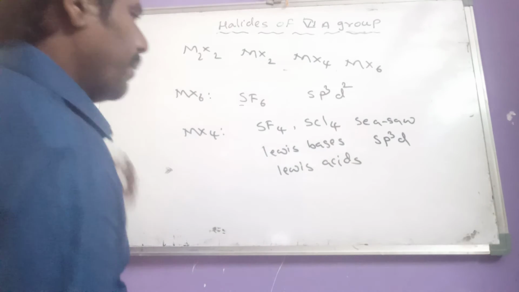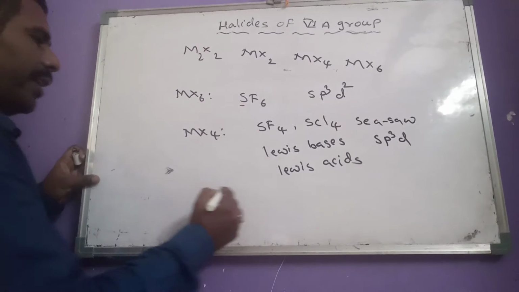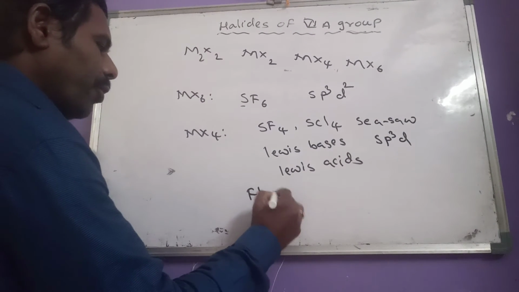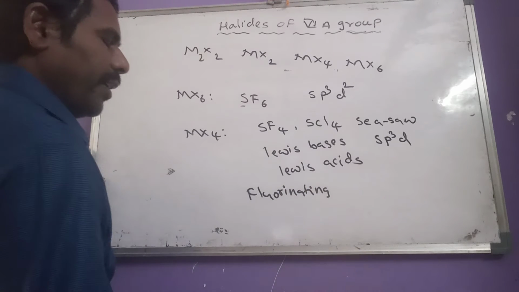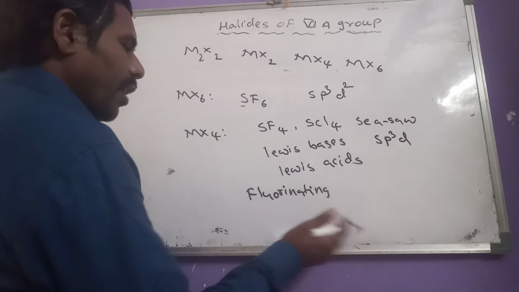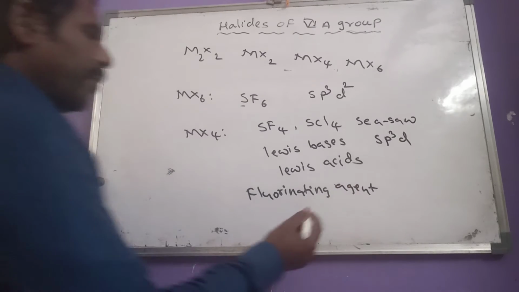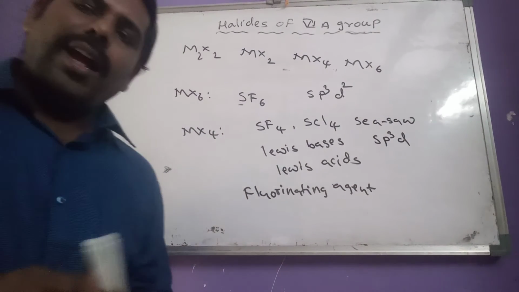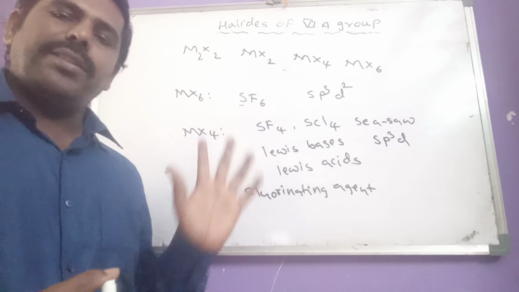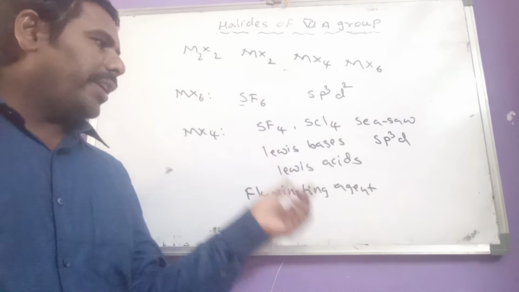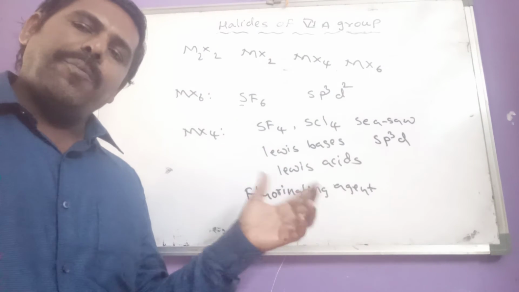Now, some important things regarding SF4. SF4 is used as a fluorinating agent. Like an oxidizing agent or reducing agent, we can say fluorinating agent. That means if we want to add fluorine to any other compound, we can use SF4. So SF4 has the fluorinating property.